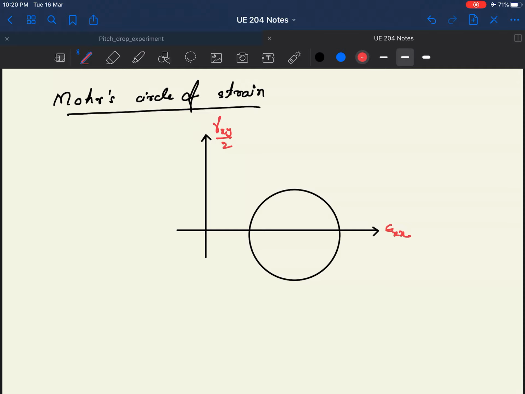There is no other difference. It's the same idea all over again. So we don't have to go into the Mohr circle of strain, because it's just a repeat of the same old idea.